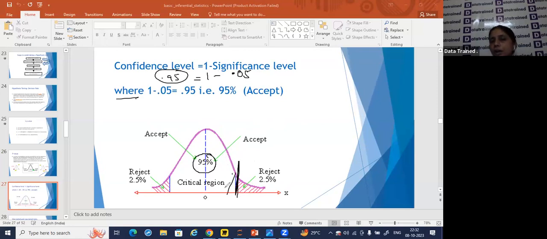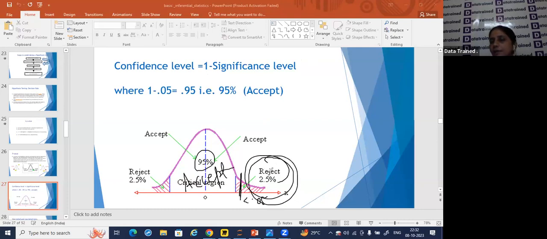The values which come into the 95% region are the accepted region. It means 95% of the people are accepting the null hypothesis. And if my values are less than 0.05, that comes into the rejected region.